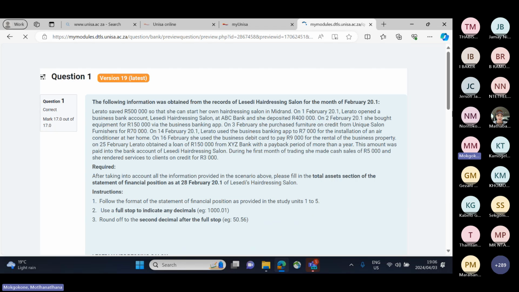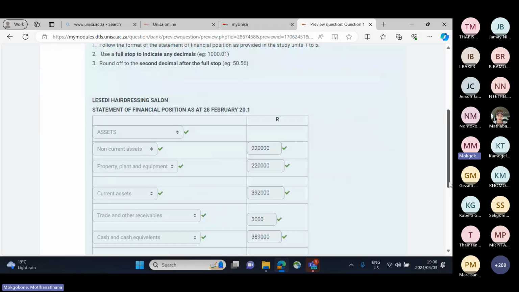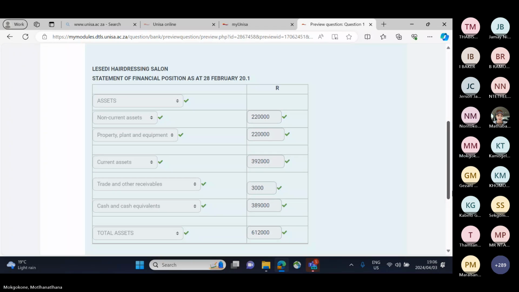This is one of the questions students struggle with during the assessment. It was so easy because you go to study unit 1 to 5, you look for the format of the statement of financial position, then you must understand assets are divided into two categories, which is non-current assets and current assets.